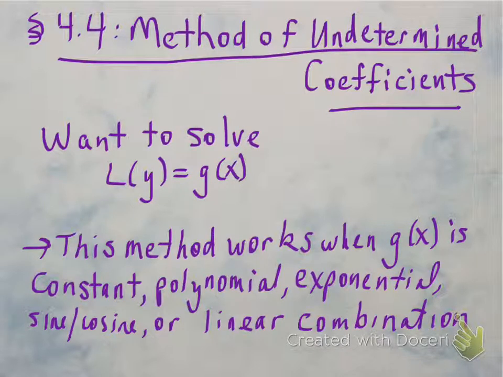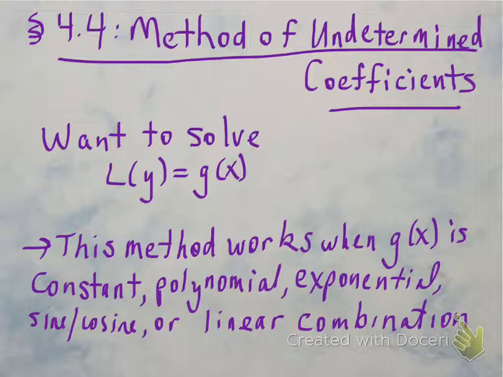And this method, the method of undetermined coefficients, is going to work when g of x is either a constant, a polynomial, an exponential, a sine or cosine function, or some linear combination of any of these. The reason behind this is that when you take derivatives of those particular functions, you get another function that is in that set.